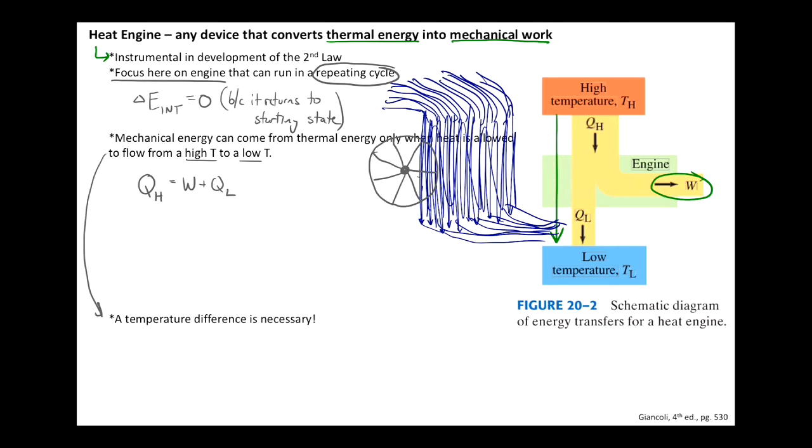If it helps, think about diverting a little bit of that waterfall. Some of it goes into the work, some of it still flows out at the bottom and then repeats the cycle once again. So the amount of heat that leaves the top equals the work plus what comes out at the bottom. I should also tell you that we will often refer to these two temperatures as the operating temperatures of the engine.